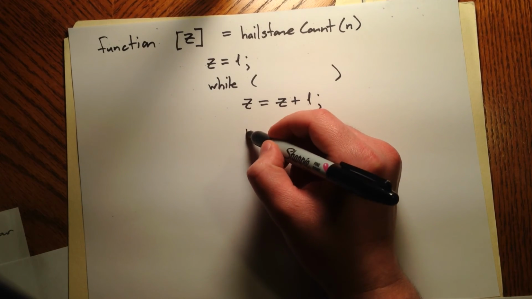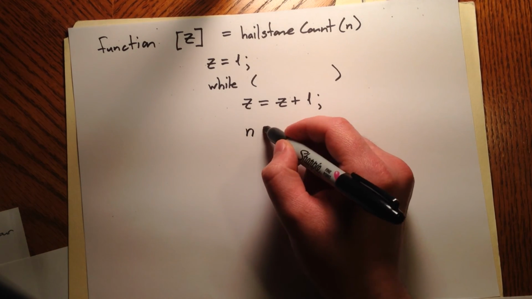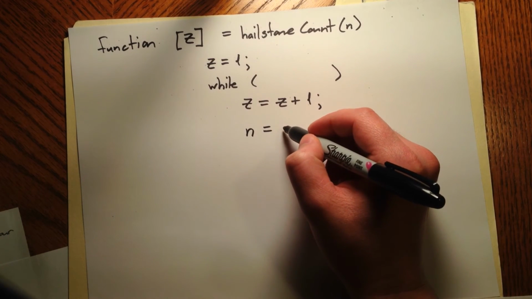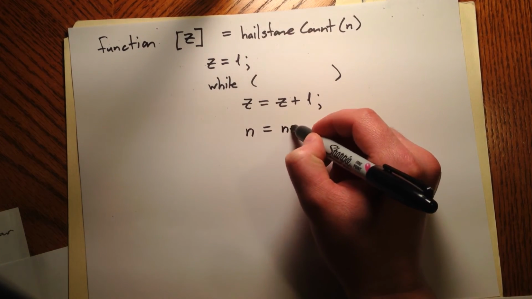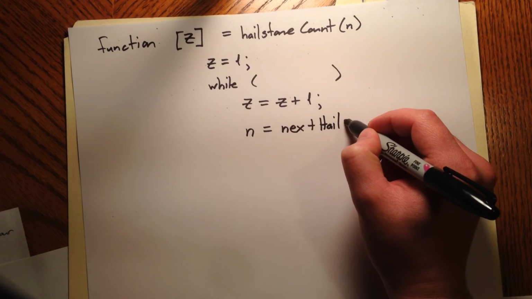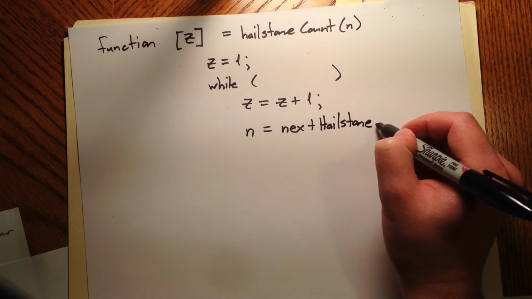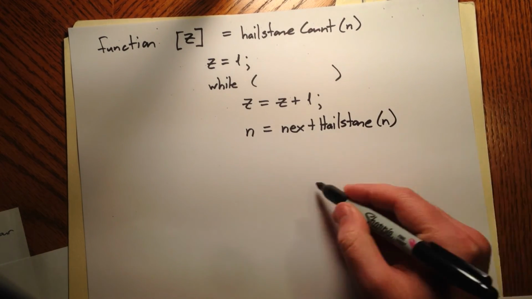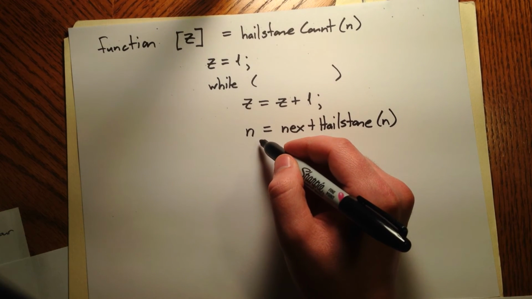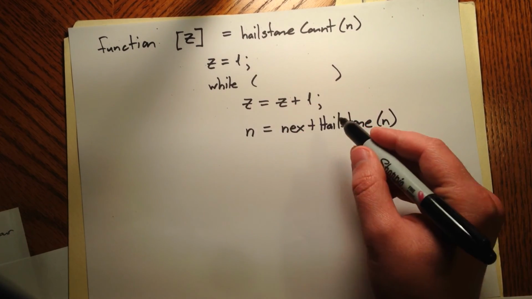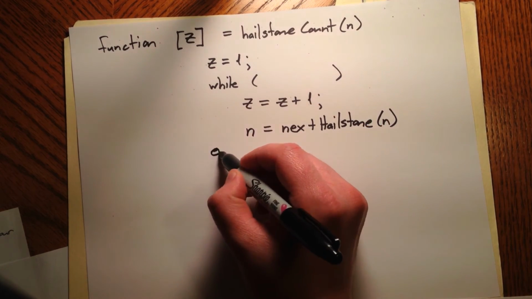I'm going to call it n, you'll see why in a second. Let's call this function next hailstone. It takes in our h sub n to give us our next value, which let's make n to be very simple.